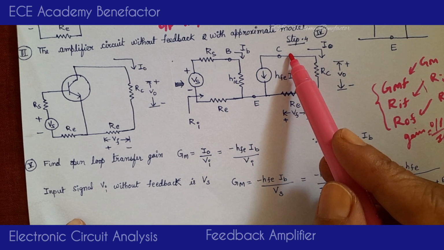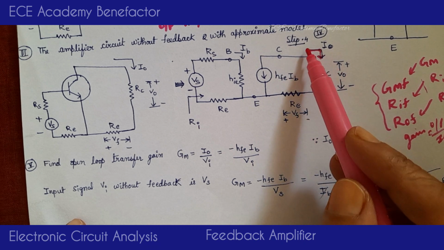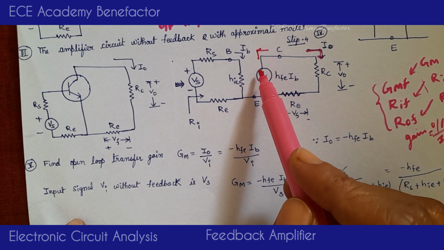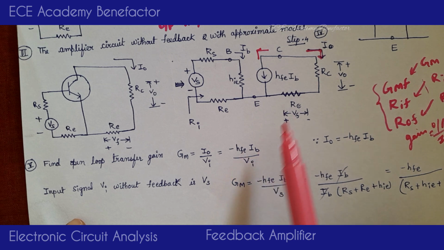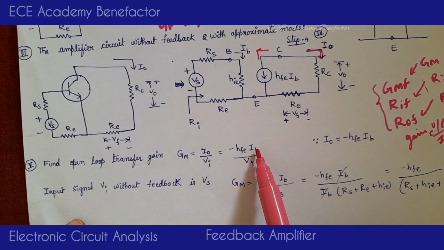What is I0 here? If you see this circuit and apply KCL, I0 is going in this direction and HFE IB is going in the other direction. Both are moving in opposite directions, so I0 is equal to minus HFE IB.